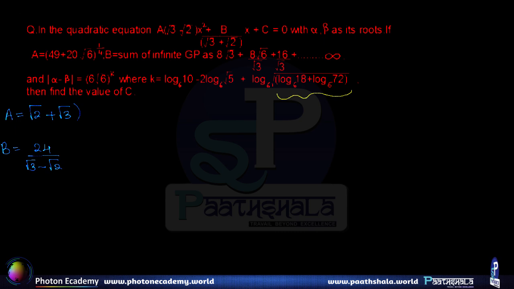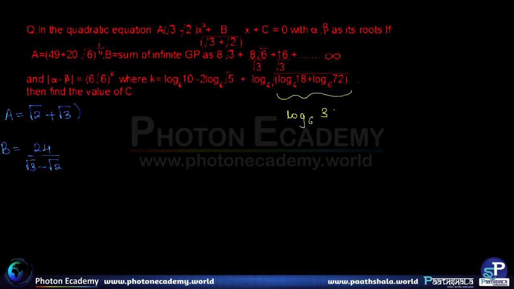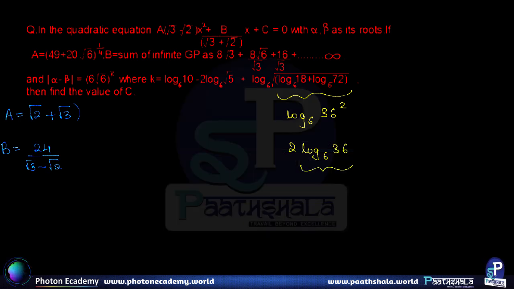So it is log to the base 6 36 square, because that is 18 into 72 and that is 36 square. So we can write this as 2 log to the base 6 36, and we know that 36 is 6 square, so this can simply be written as 2. So we have 2 into 2, 4, and the under root is there.